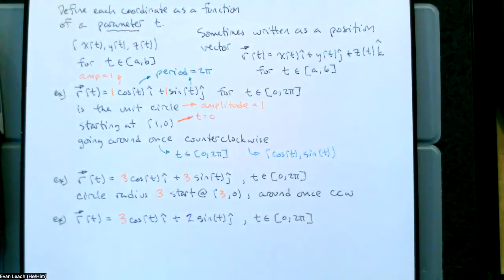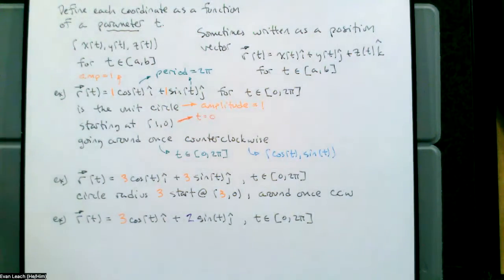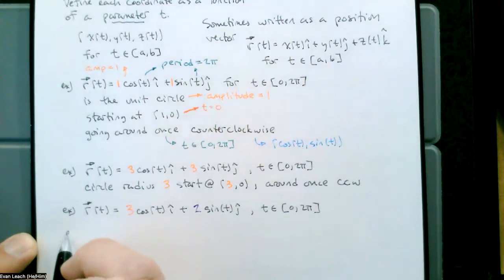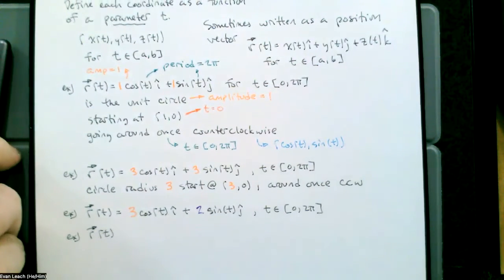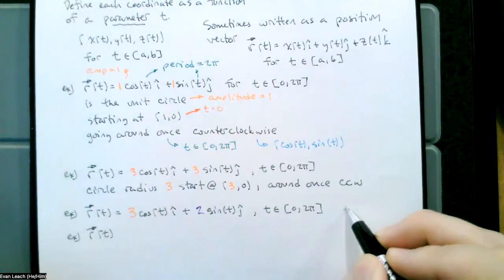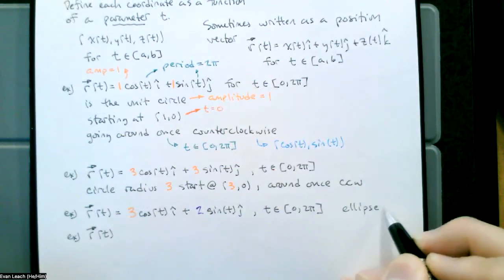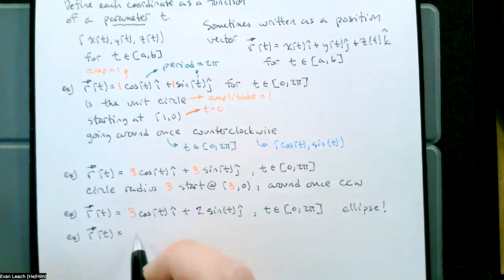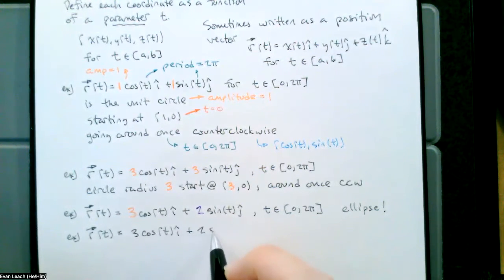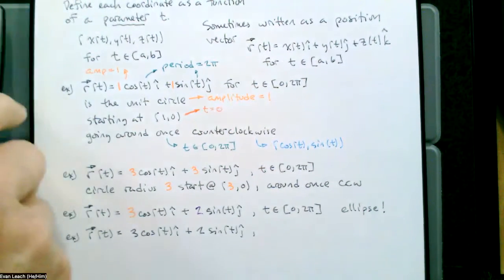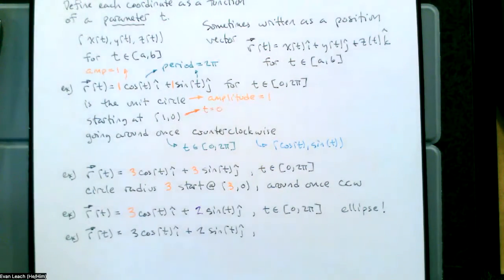So let's go in and change some other things. Let's keep this 3 cosine of t and 2 sine of t, and let's change the values of t that we're plugging in.